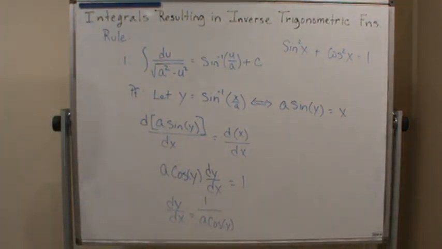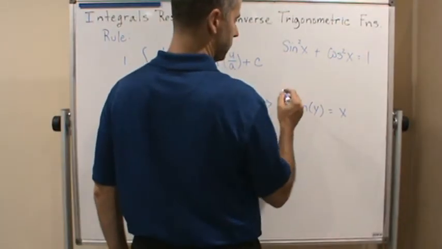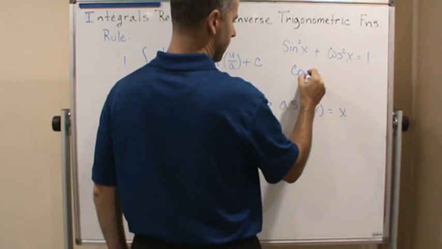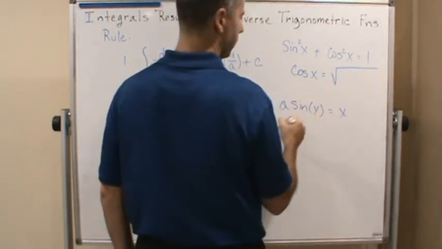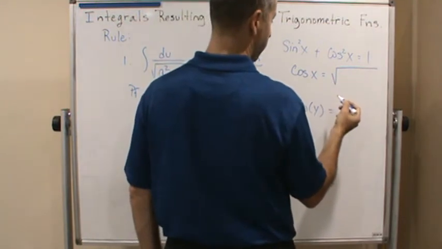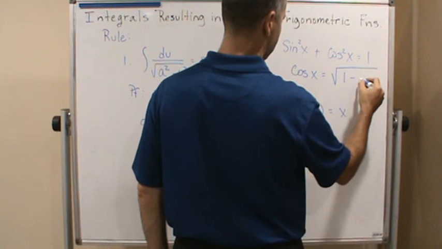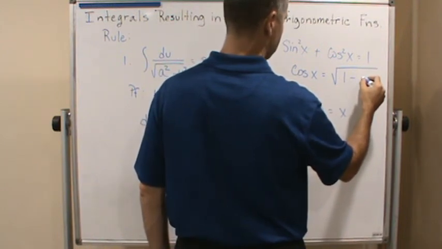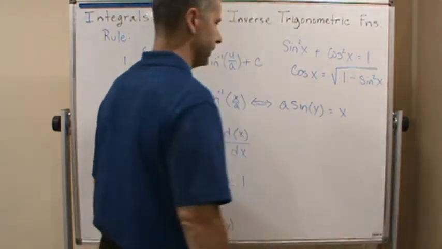So I'm going to solve for cosine: cosine x equals the square root of 1 minus sine squared x.